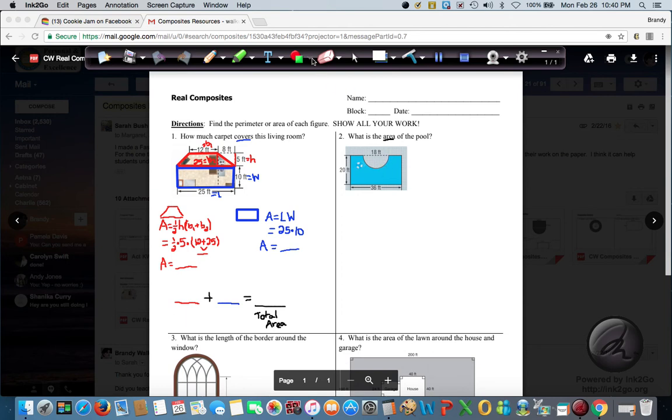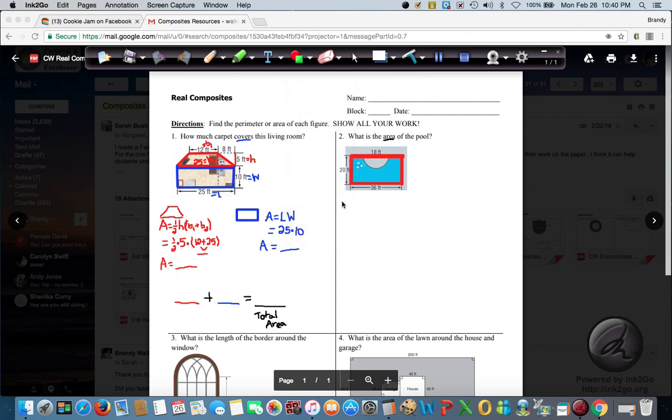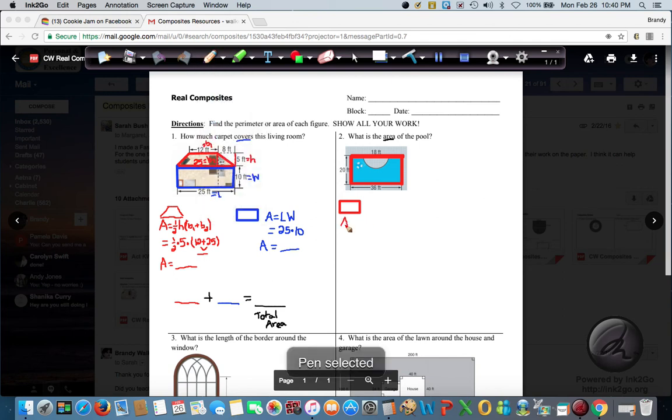So here I see, we can start with our rectangle because that's going to be the easiest shape. You see the rectangle right there? That's going to be the easiest shape to see. And that's going to be a 20 by 36. So if I do a rectangle here, it's long and thin, then the area equals length times width.